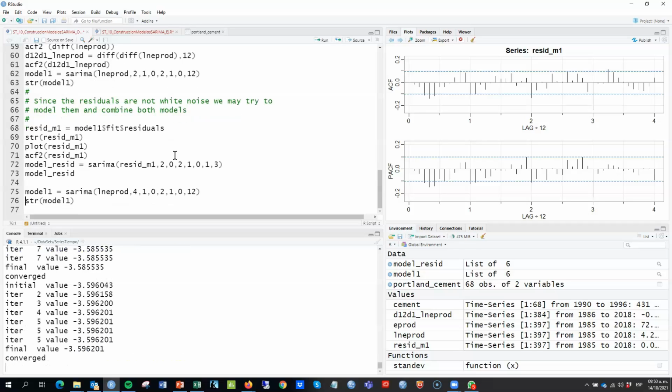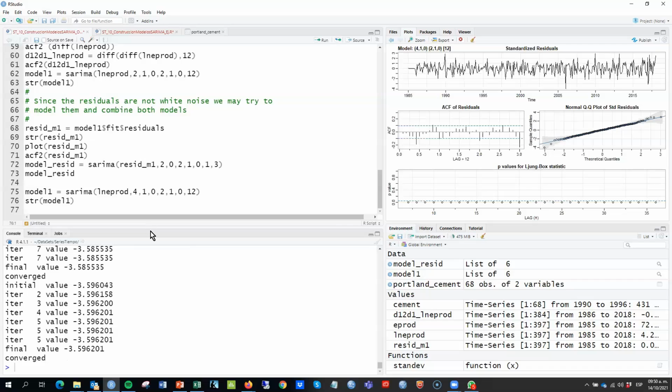And I could do the same. The p-values don't improve. Okay, so you still have this large spike. The pattern is not that strong. There's one very large value here of order 4.